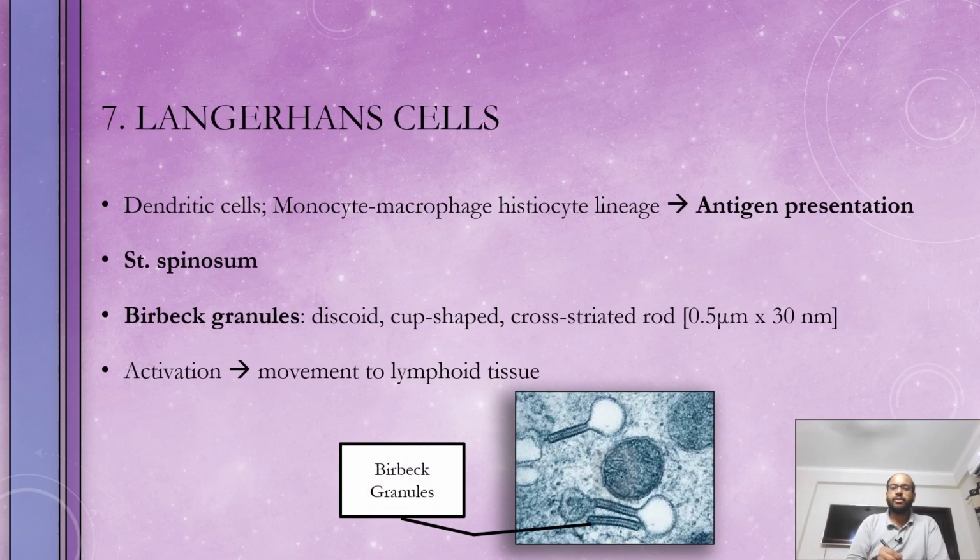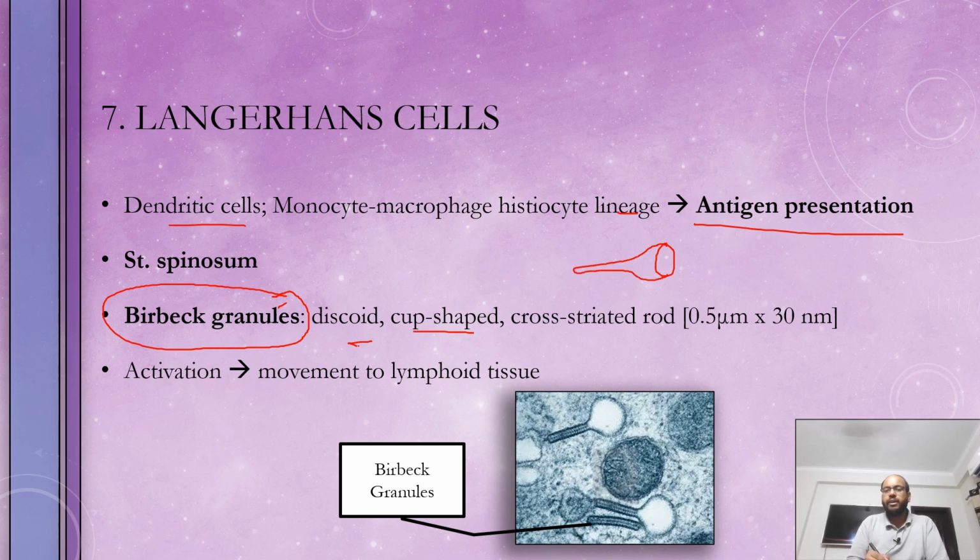Now, Langerhans cells are also dendritic cells, the same as melanocytes, but they are responsible for antigen presentation. That means they detect antigen and present it to the circulating lymphocytes to start the immune response. One essential structure is the Birbeck granules. Birbeck granules are actually discoid, cup-shaped. So they are like a cup, like this.